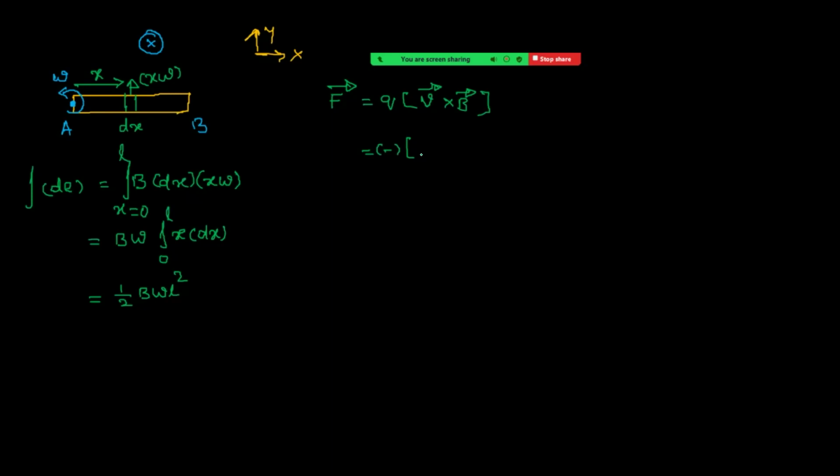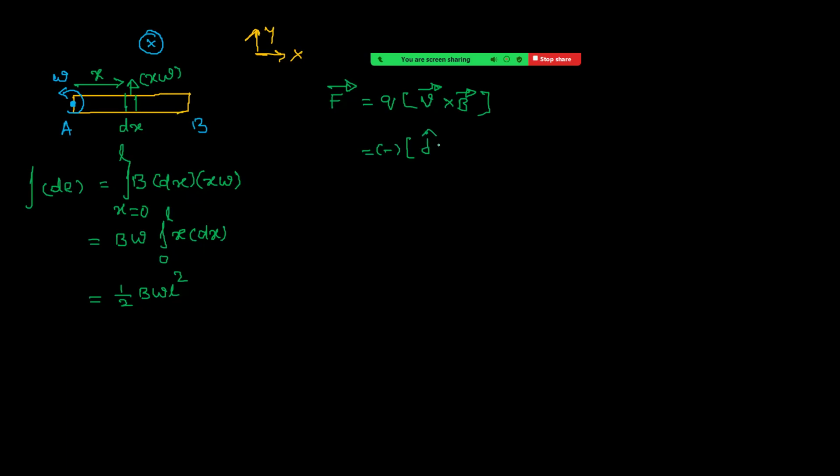Now see carefully. Because of rotation of the rod, the velocity of the electrons in this element is x omega, directed along the positive y axis at that instant, so j cap.